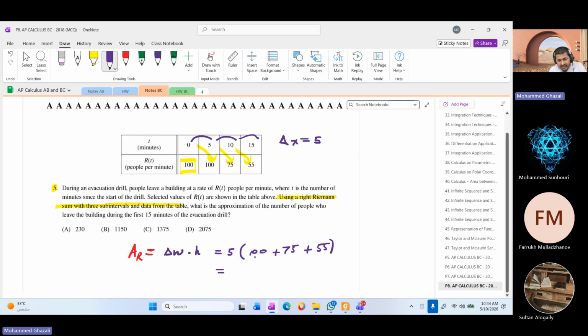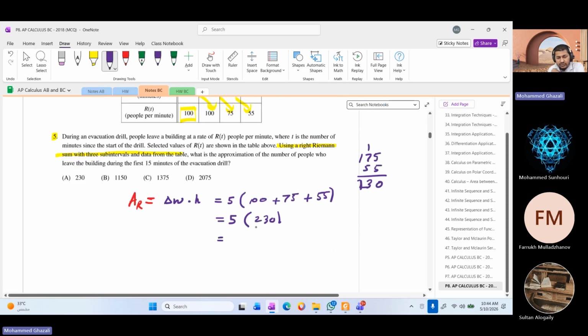So we got 100 and what is this? 280. Oh, wait. Let's work it out properly. That's 175 and 55. There's 0 there. Carry 1. 8 and 5 is 13. 230. Okay.